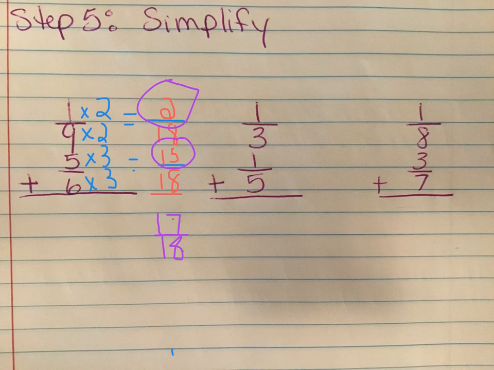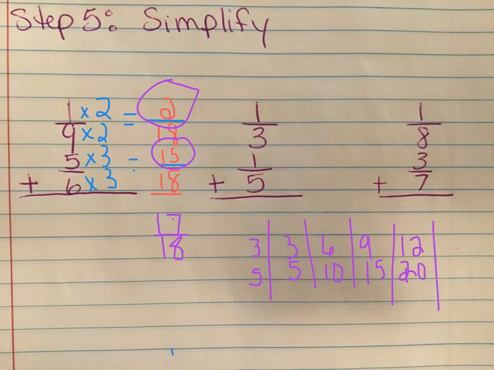All right, so I have a 3 and a 5. Definitely not the same. So I'm going to go ahead and start my lowest common multiple chart. 3, 5 times 1, times 2, times 3, still nothing, times 4, times 5.